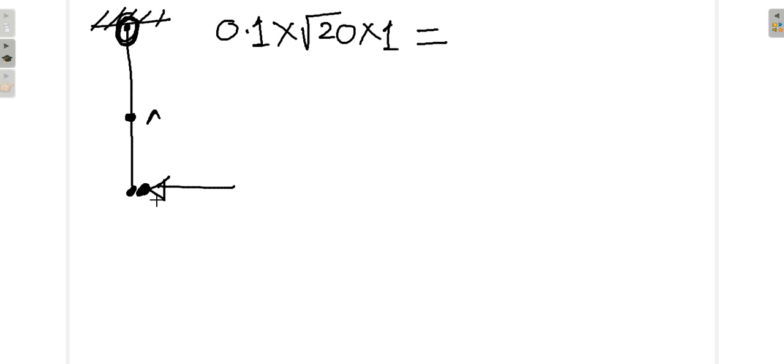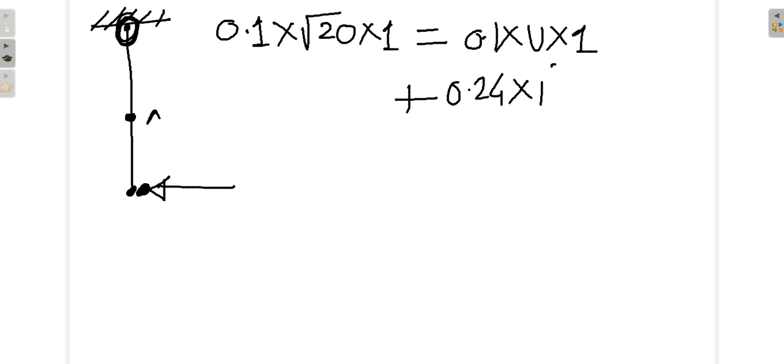As the particle sticks to it, it will also have angular momentum at the end. That will be 0.1 into final velocity V into L, L is 1 meter, plus the angular momentum of the rod, which is ml square by 3, into omega. What is omega of the rod?